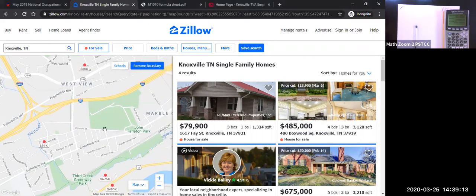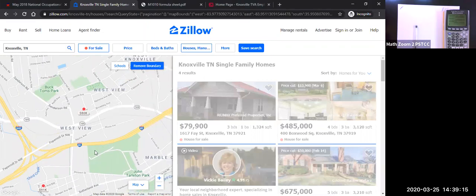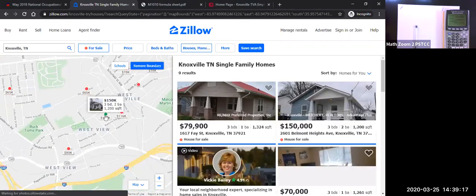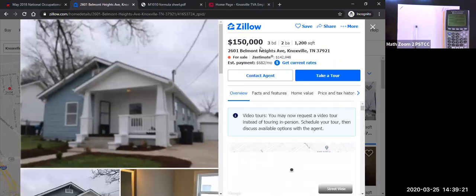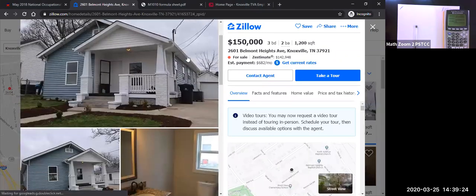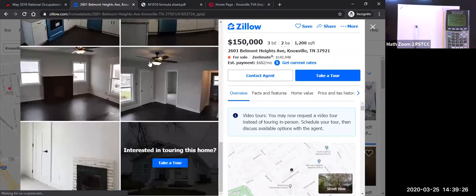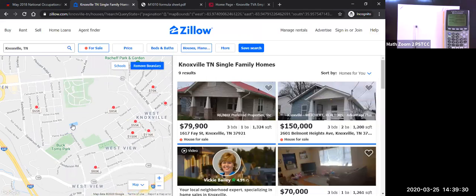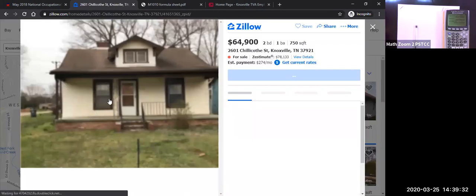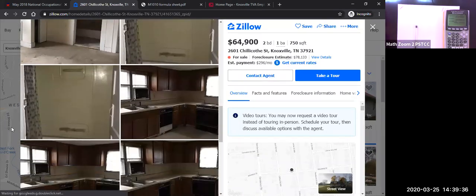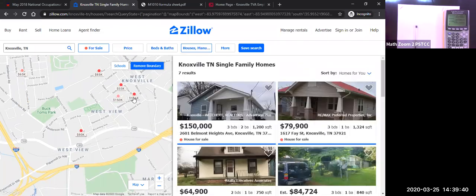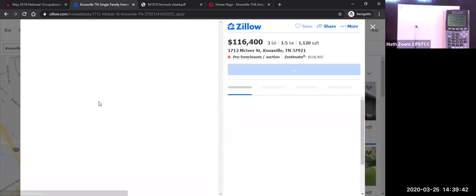If I look at different homes in this area, I see this one, 150,000. Seems pretty reasonable. I keep looking. This one was pretty cheap, 65,000. I don't like it. Pass. What else? This is also close by.